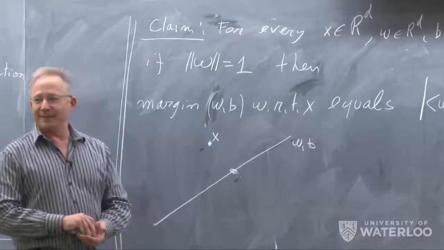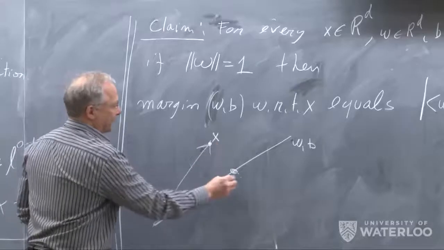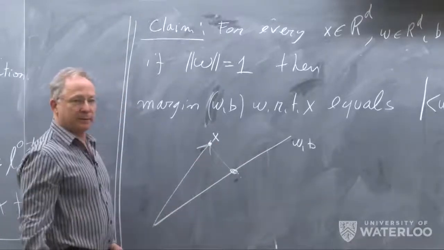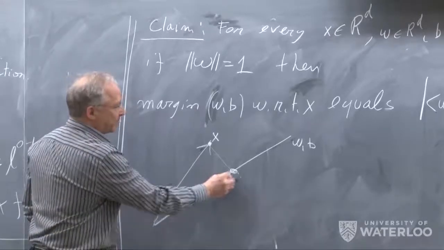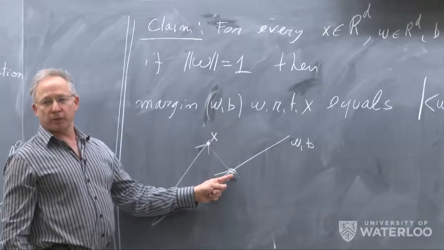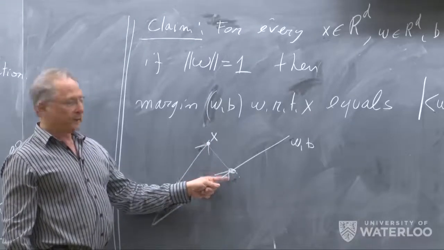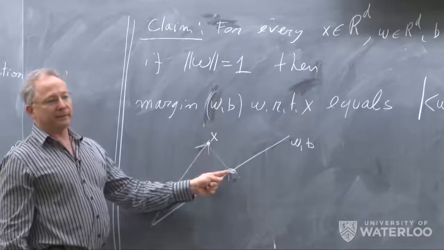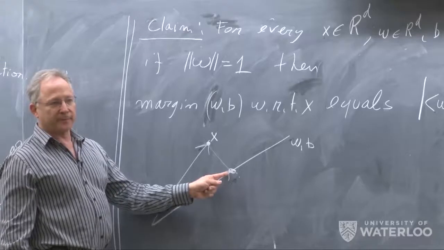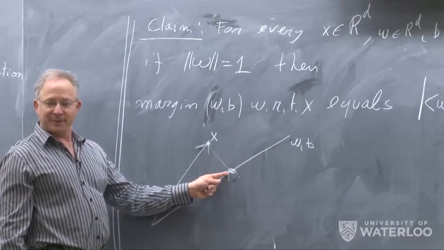What I do is to find the minimum point. X is a vector. This is the vector w. I project x on w. So the projection gives me this guy. And then I take the difference between x and the projection. The difference between x and its projection gives me the distance. So what is the projection of x on the line?